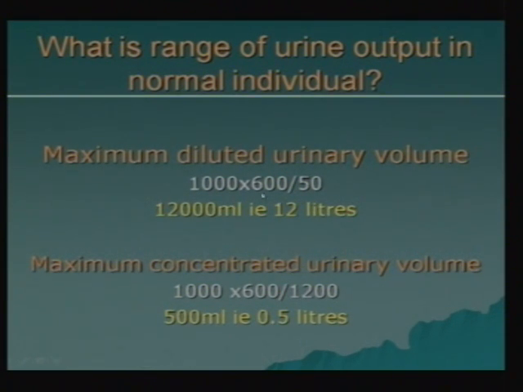So a normal human being with normal kidneys at a young age can pass as much urine as 12 liters. While if he doesn't take any water at all, even then the person can still pass 0.5 liter of urine, and the urea, creatinine and sodium, potassium concentration will not be altered in the blood. That's the beauty of the normal kidney, and that is what you should know.